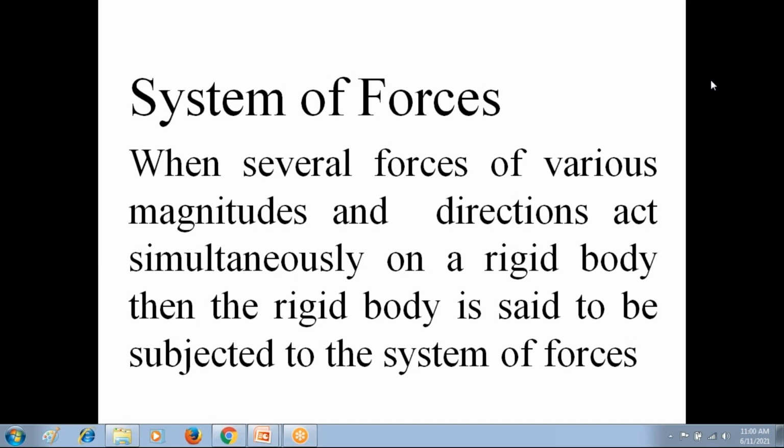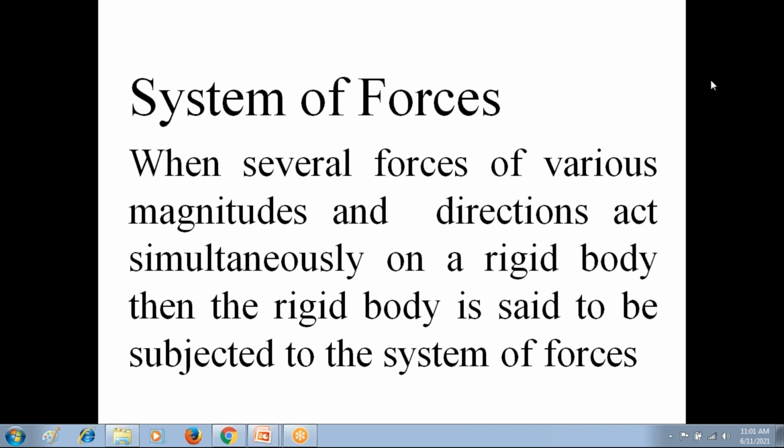Dear students, last class we started the system of forces in unit 1. In last class I explained the definition of force. We discussed the characteristics of force.